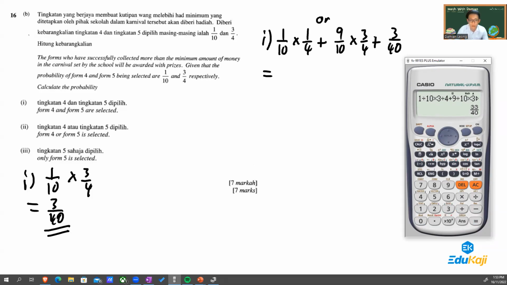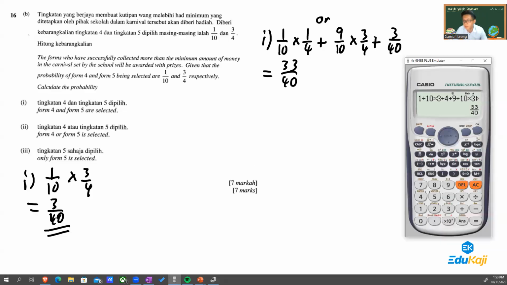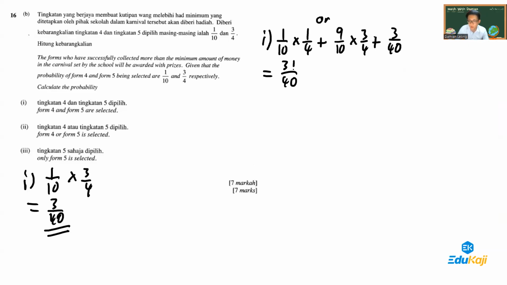Right. This is 1 over 4. 31 over 40. Yeah, I keyed in wrongly into the calculator. So this is one way.